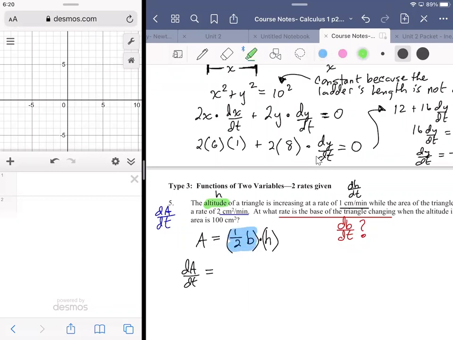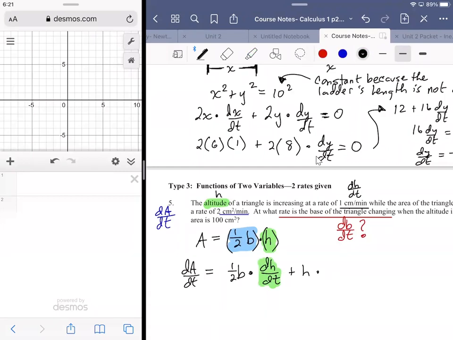So I have my two components. The first times the derivative of the second, dh/dt, plus the second, h, times the derivative of the first.